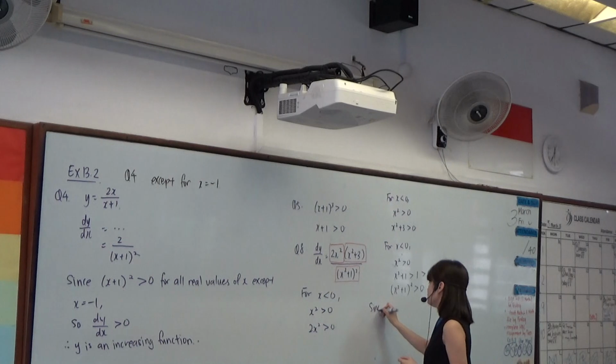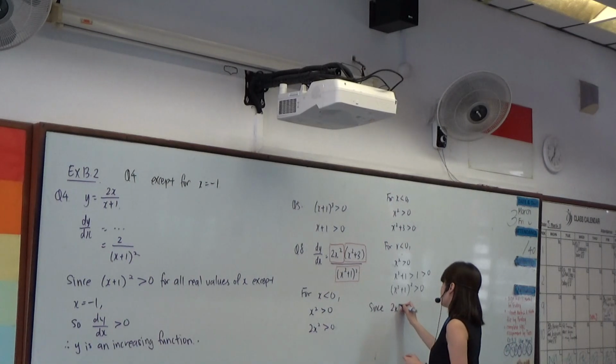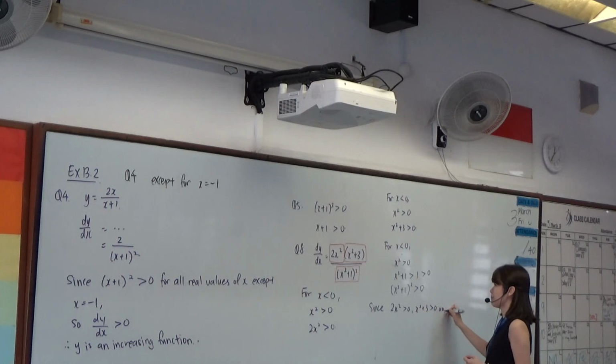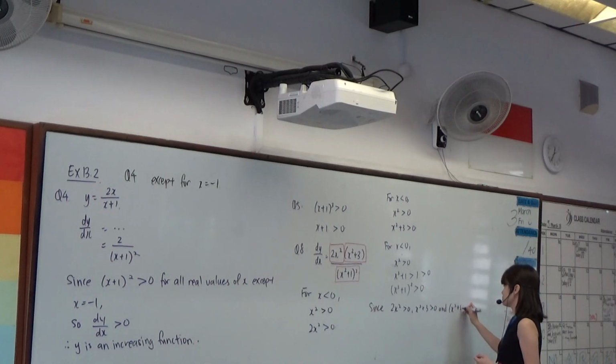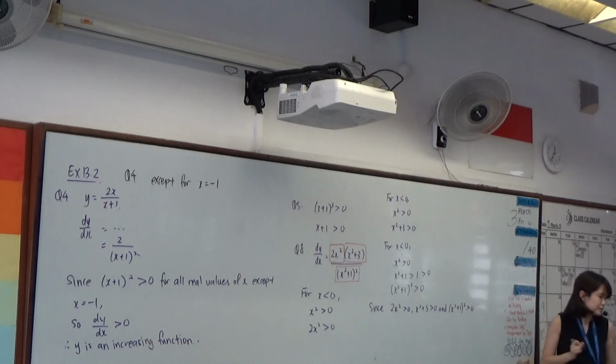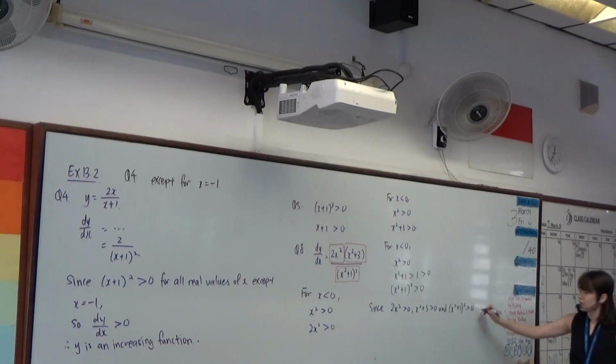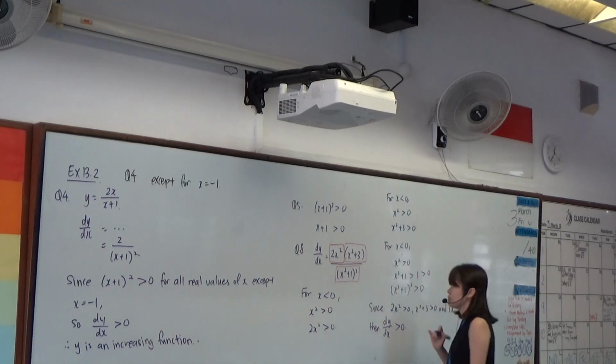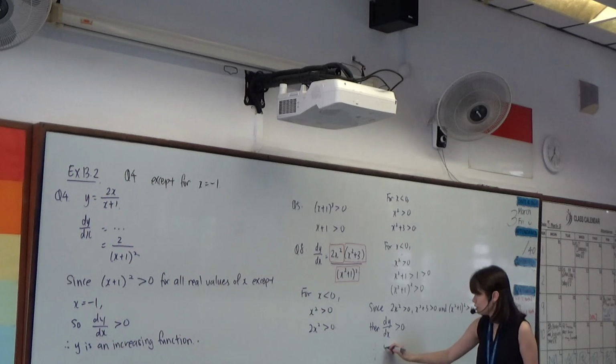Therefore, since 2x squared is more than 0, x squared plus 3 is more than 0, and the denominator is also more than 0, then the combination of everything will have to be more than 0. Therefore, y is an increasing function.